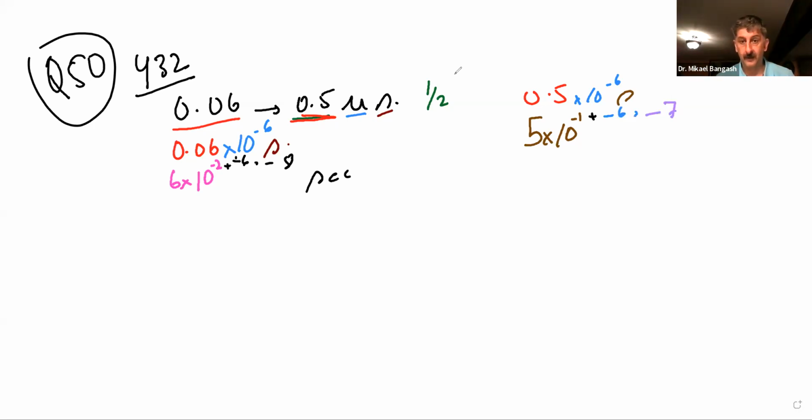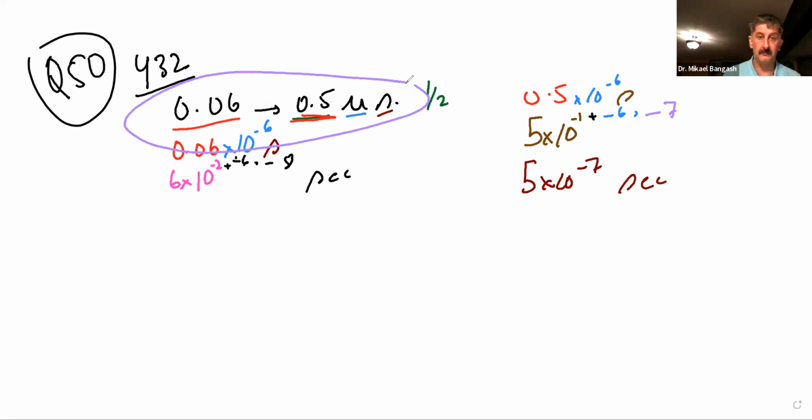So it can also be written as 5 multiplied by 10 raised to the power -7, and the unit is still second. Clear?